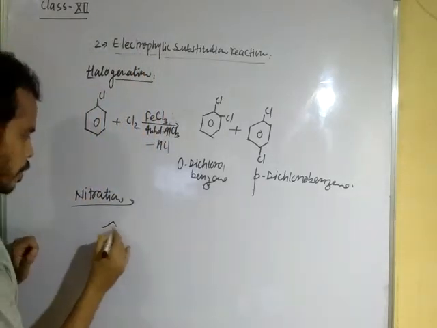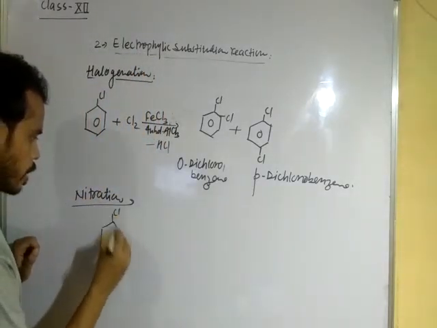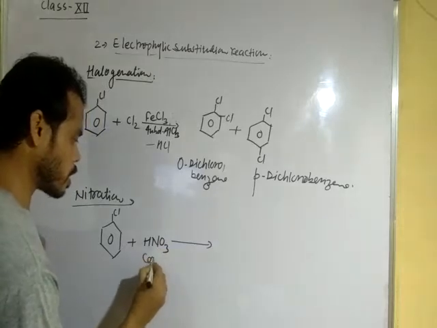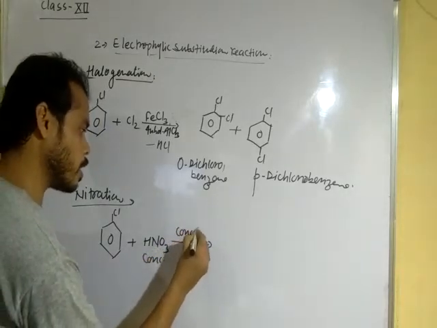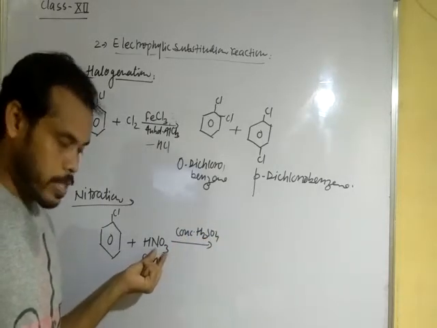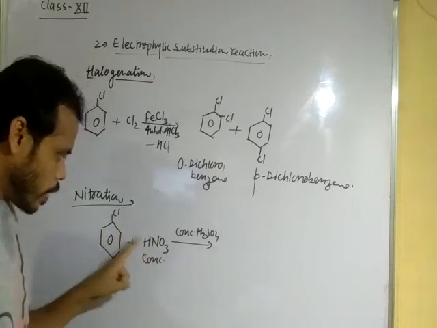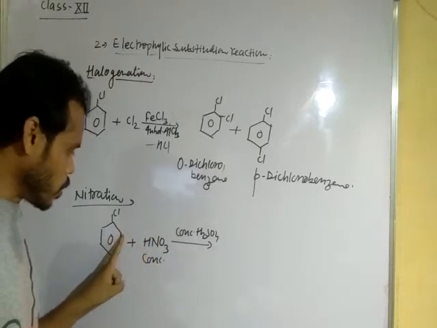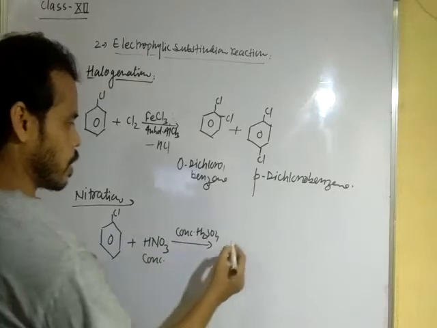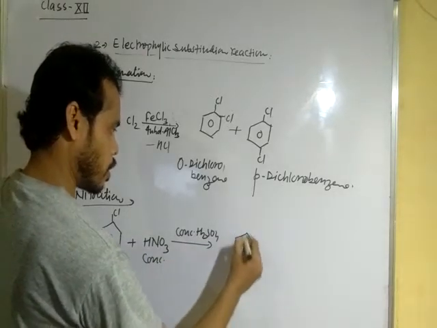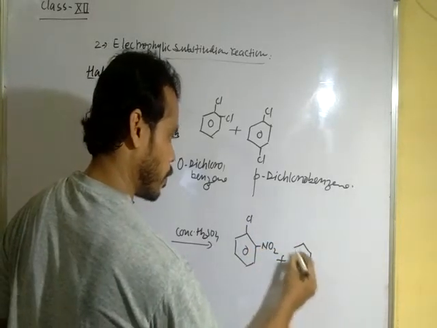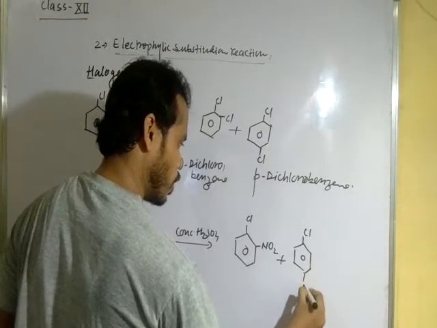Let us see when chlorobenzene is treated with nitric acid, HNO3, which should be concentrated, in the presence of concentrated H2SO4. The nitro group from HNO3 will replace the hydrogen at the ortho and para positions to form ortho and para substituted products.